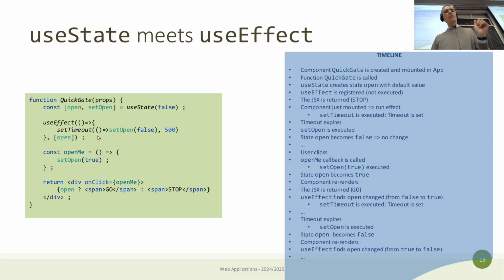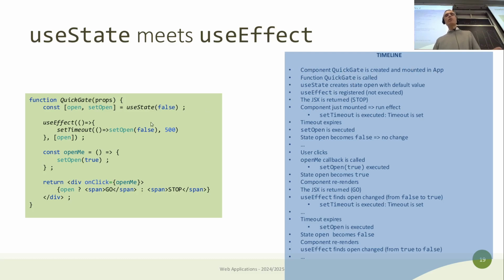setTimeout, a callback that takes 0 parameters and just does setOpen false after a certain amount of time, 500 milliseconds, half a second. Okay, so what happens here? Component quickGate is created, mounted, of course.